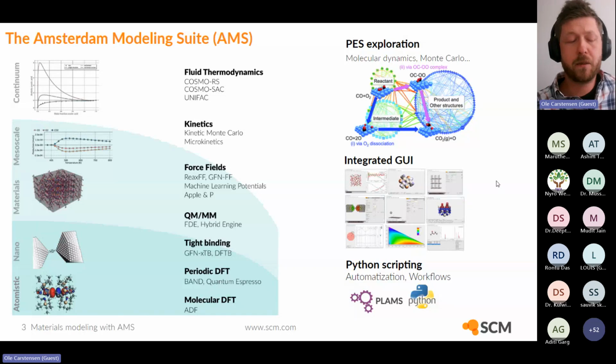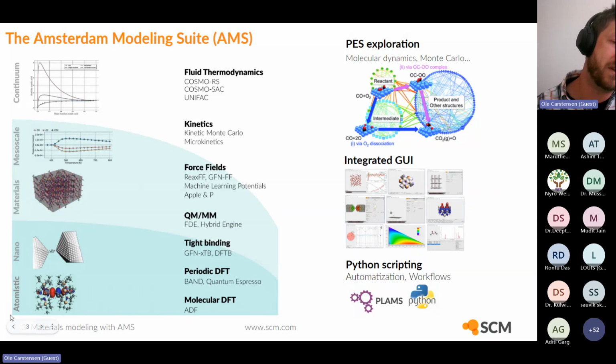The Amsterdam Modeling Suite, this is a bit of a sketch picture here. On the left, you can see we have some sort of scale. Say we at the bottom have the atomistic scale. And this is basically the seed from which all this was developed and was growing. This is the ADF program, a molecular DFT code.